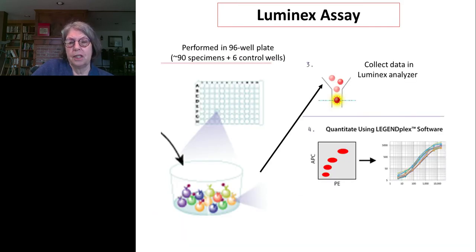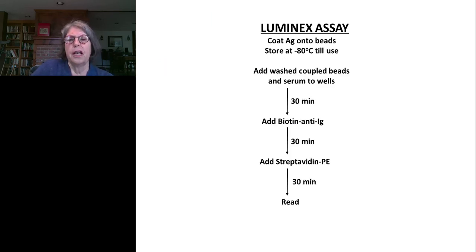Both bead sets are in each well. And then the contents of the wells are read in a Luminex analyzer, and we can determine if there are antibodies that are binding to RBD and/or the S protein. We can quantitate that with a titration curve, and I will show you that in a minute.